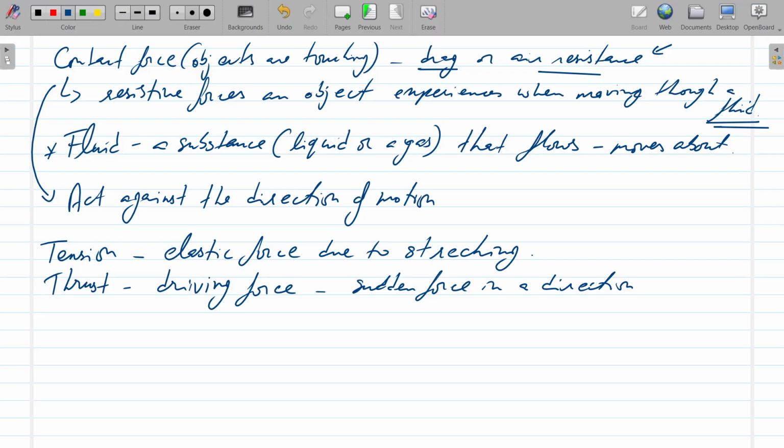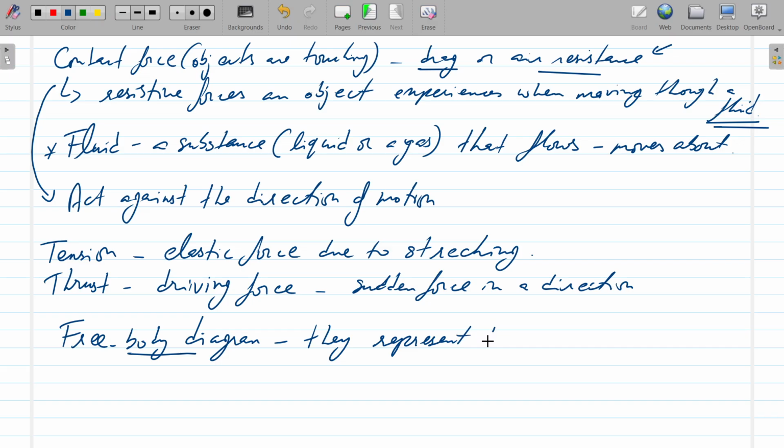Now, the forces that act on a body or an object are represented in what are called free body diagrams. So they represent the forces acting on an object.